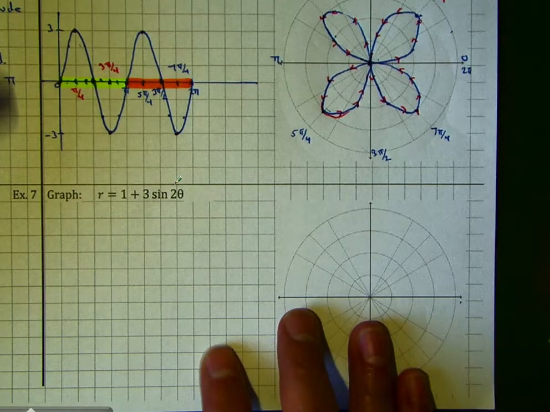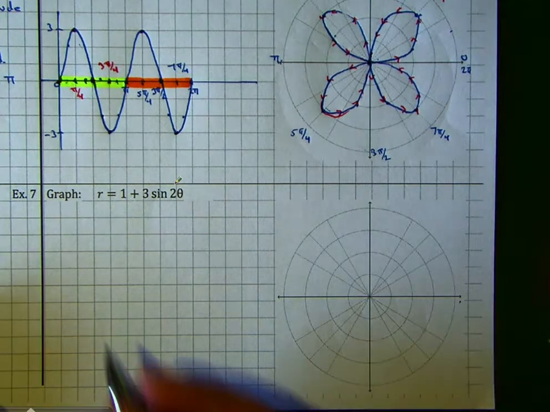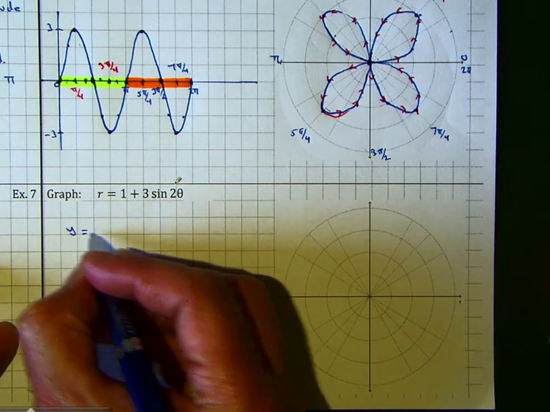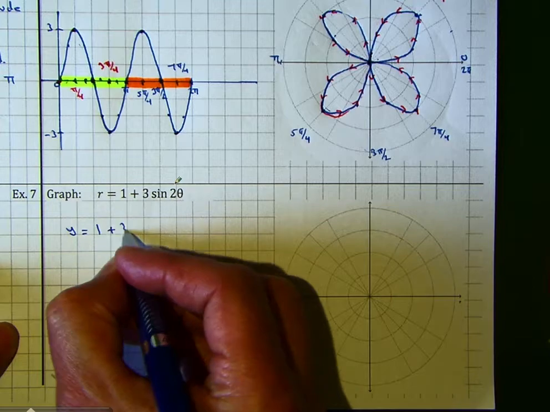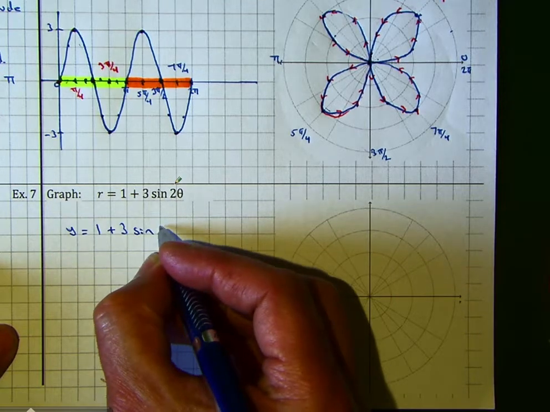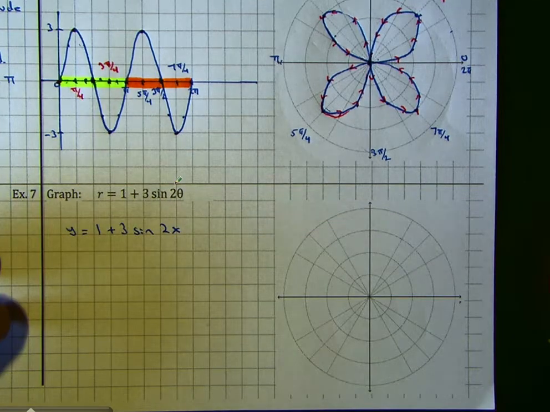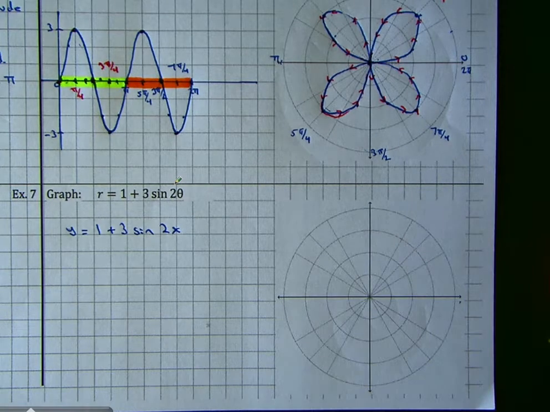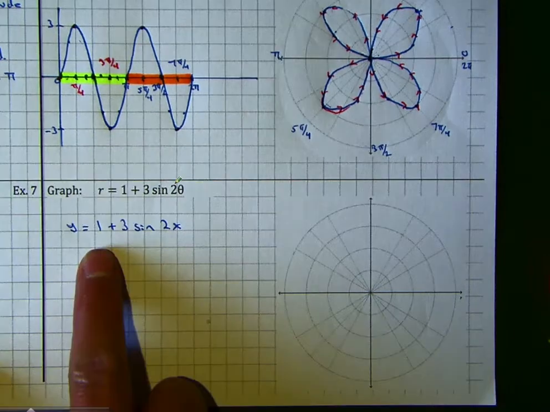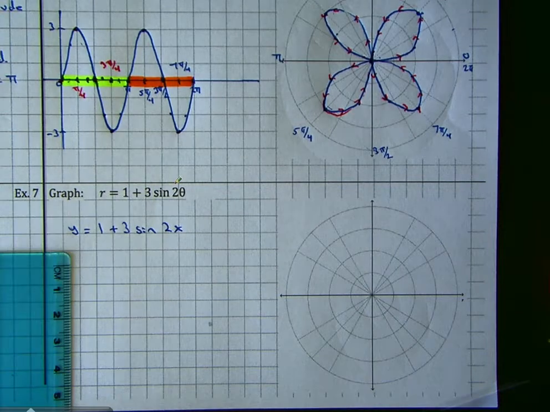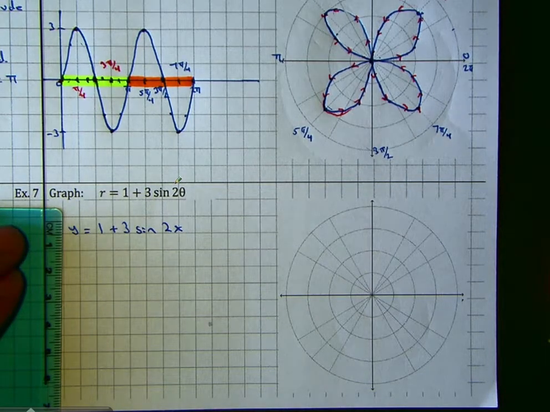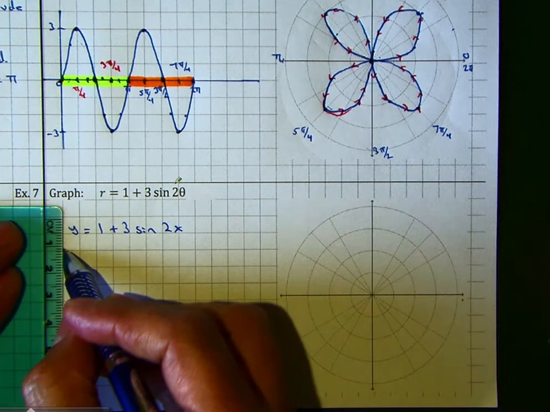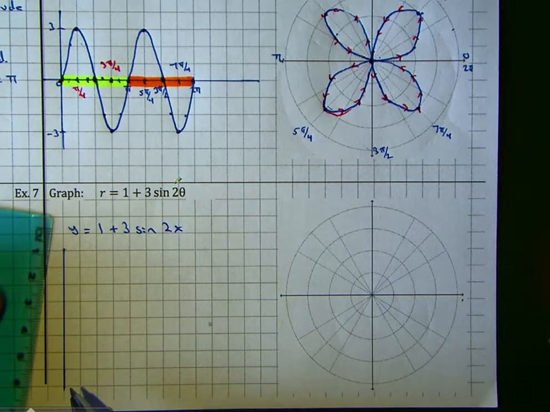Once again, I'm going to graph on a rectangular plane, just like we've done before when we graph sines. So how is the graph going to get affected by the one? That is the question.